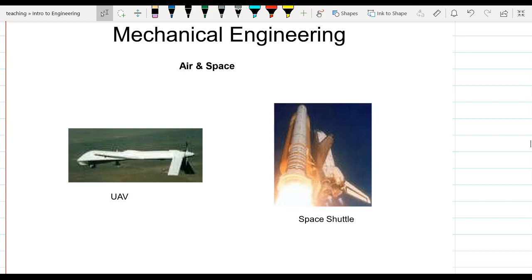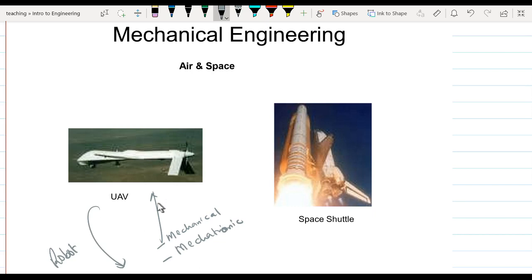Again, you find drones fall under this category, and we have said in the past that drones actually fall under the category which you might see under mechanical, because we are talking about flying objects. It is under the category of airplanes. Then it also falls under the category of mechatronics. We are saying that it is unmanned, so it is more like a robot, and therefore the robotic aspects are going to be considered.